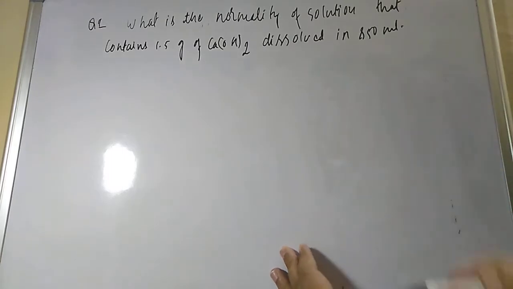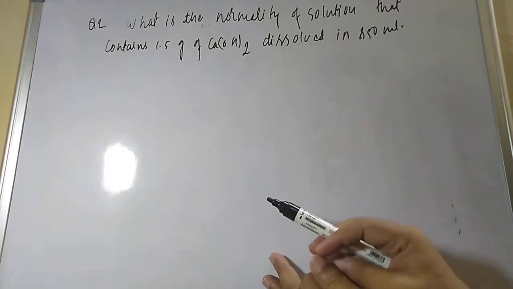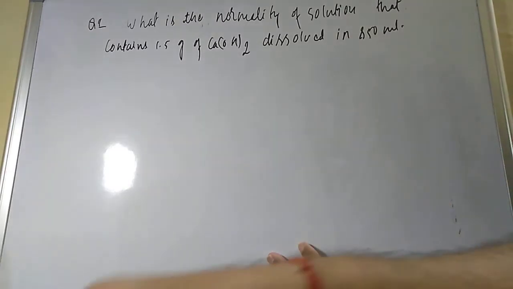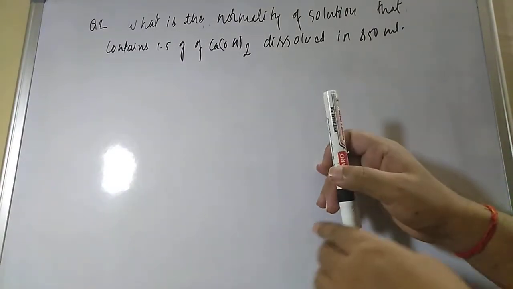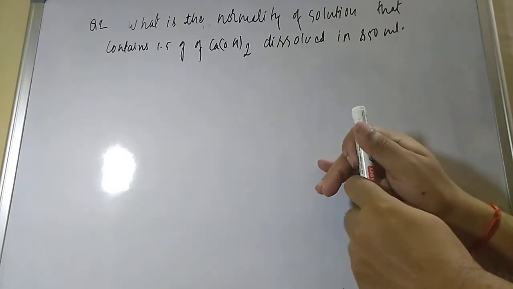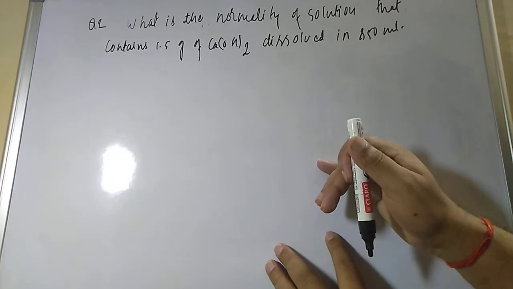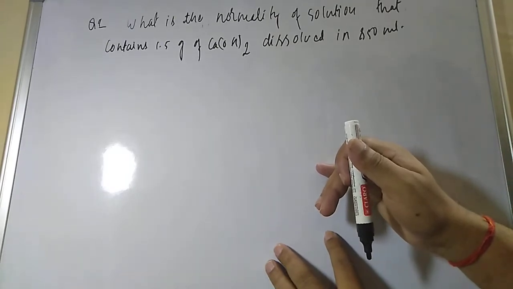Dear students, this problem can be solved by two methods. Either you calculate the molarity and the n factor, or you calculate the equivalent mass. Firstly, I am calculating the molarity.